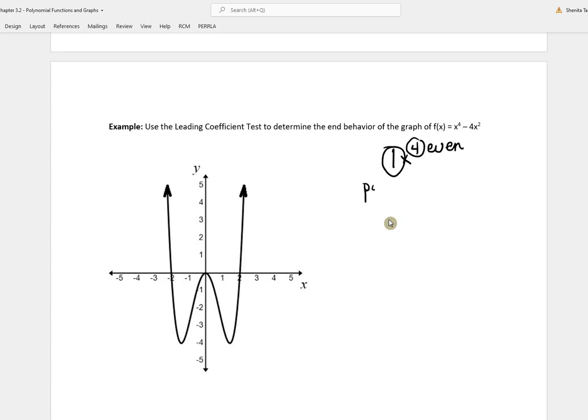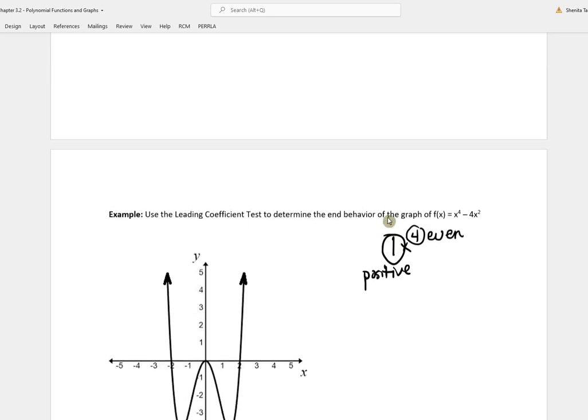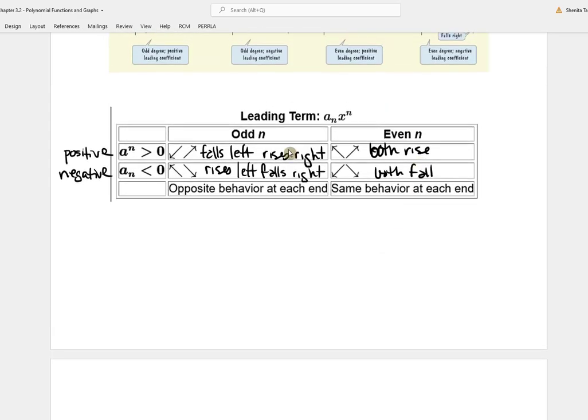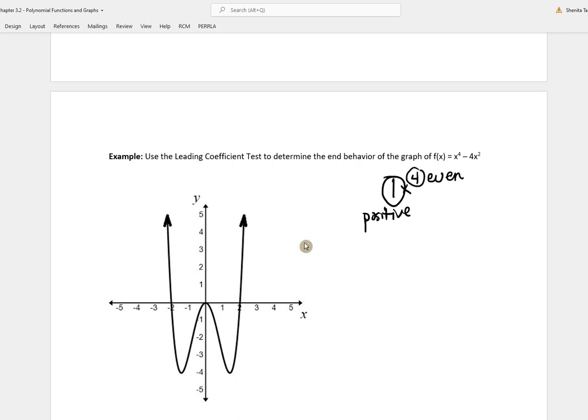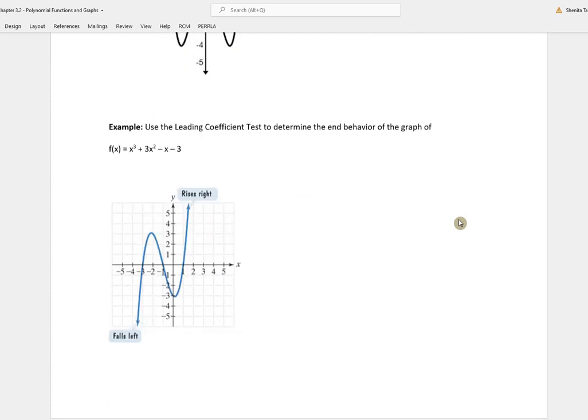This is positive. So if you go back to your table, if it's even and positive, they both rise. And as you can see, both ends rise. So rises left and rises right.